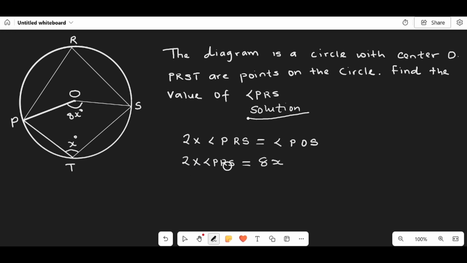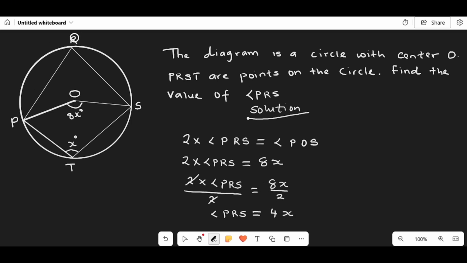Let us divide both sides by 2. So 2 times angle PRS over 2 equals 8x over 2. This cancels this. Angle PRS equals 8x over 2, which will give us 4x.